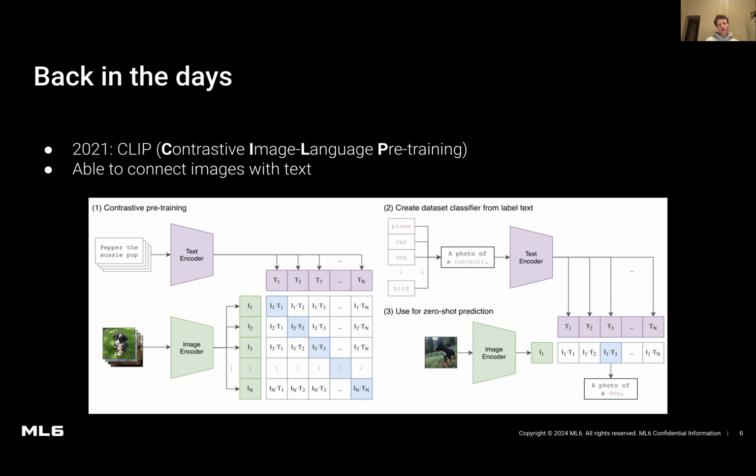And so the model is basically trained, so these two encoders, the text encoder and the image encoder, are trained to make sure that embeddings of images and corresponding text, so captions which were collected from the internet, images and text which correspond to each other, they should also have embeddings that are very close to each other in the embedding space. And images and text that have nothing to do with each other, which are not linked to each other, their embeddings should be far apart from each other in the embedding space.